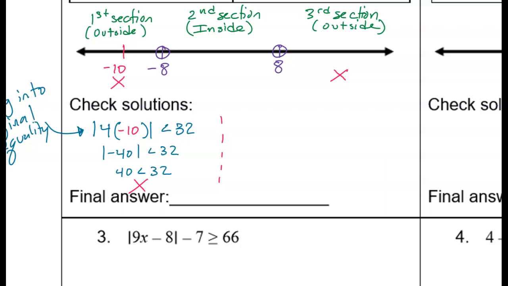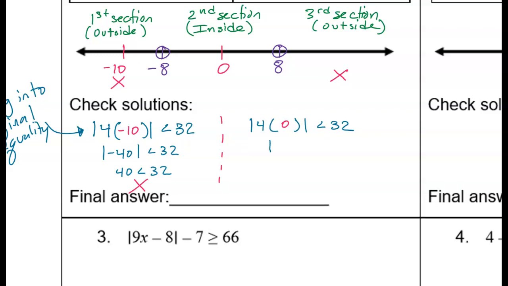Now I'm going to pick an easy number. You always want to pick the easiest ones. I'm going to pick 0. So I'm going to take my original inequality, absolute value of 4x is less than 32. Again, I'm plugging it into the original, and I am substituting 0 in this time. 4 times 0 is 0.